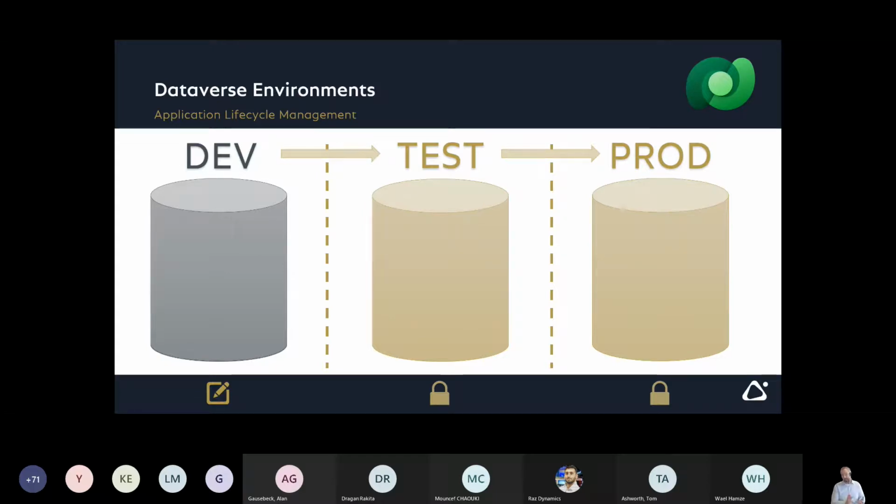Finally, you ship the apps and the flows to the production environment where everyone uses them, where everyone needs to rely on them. When a citizen developer starts, he shares with one or two people. However, if an app is popular in a company, the number of users will grow. And then you should consider such a separation into environments, because you don't want to break things for 100 users.